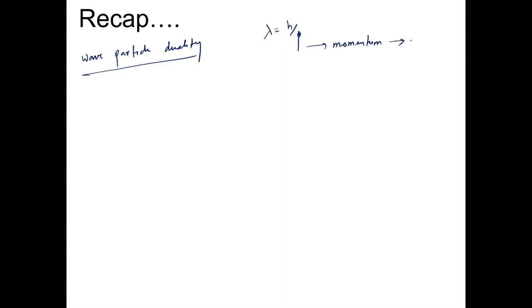You all know momentum is mv, here v is the velocity. So you can write lambda equals h by mv.